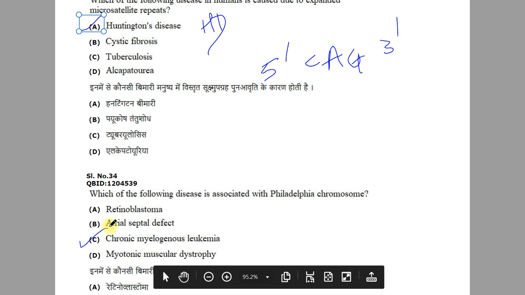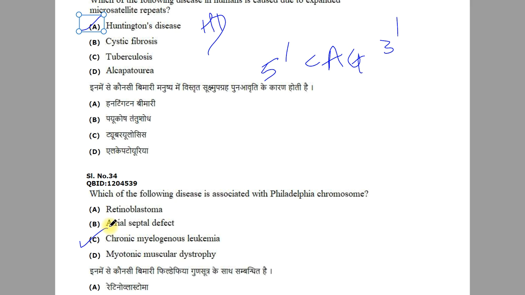Now, what helps us in the case of the Philadelphia chromosome? The Philadelphia chromosome is present in patients with myelogenous leukemia, and it is an abnormal chromosome due to translocation. Here there is a translocation of the ABL gene.